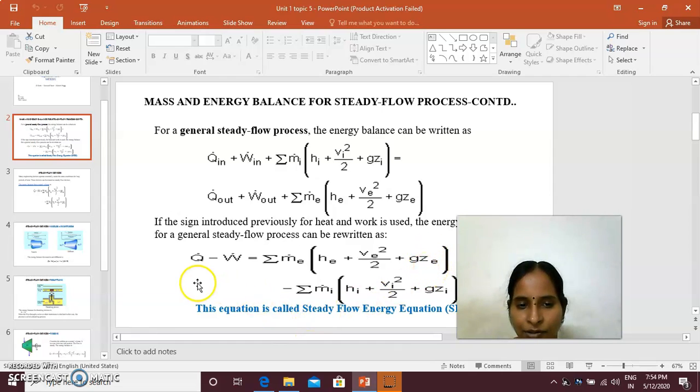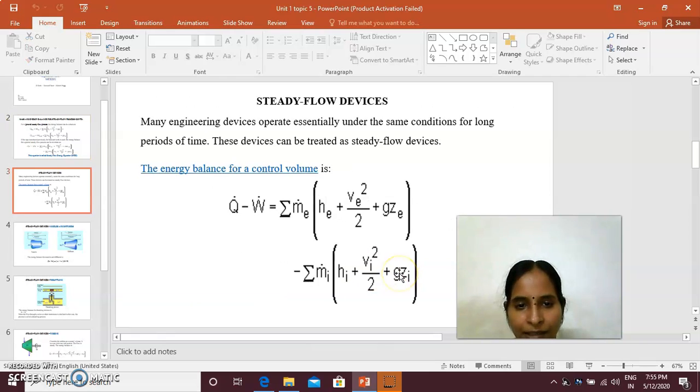This equation, Q minus W is equal to delta E, that is energy out minus energy in, is the same as the equation we derived, delta Q minus delta W is equal to dE, where E consists of enthalpy, velocity and potential energy.